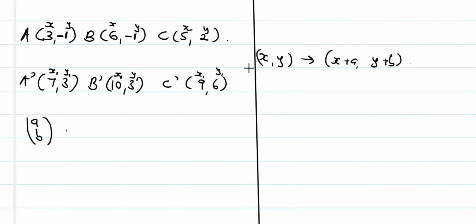So in short, it means these values of x are translated to this x1. What happened is we took the x, and then we took x plus a to get this one.